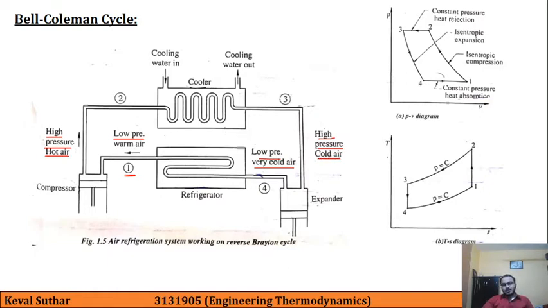So we have already studied Brayton cycle in our previous chapter, so this will be the reverse form of the same. So let's first go through process 1 to 2, that is from here to here. It is shown as isentropic compression.